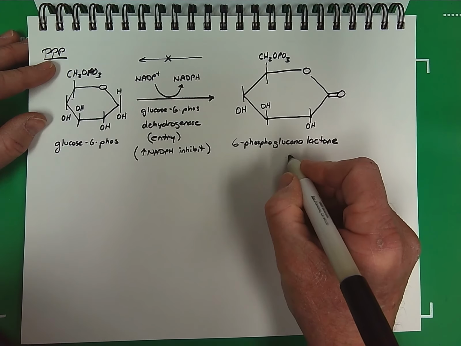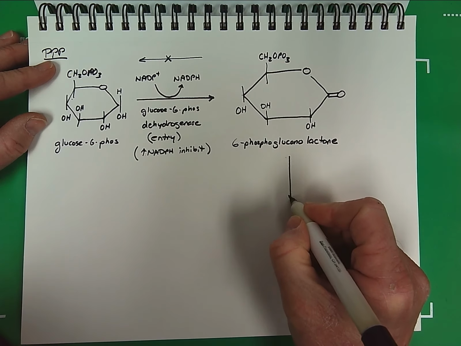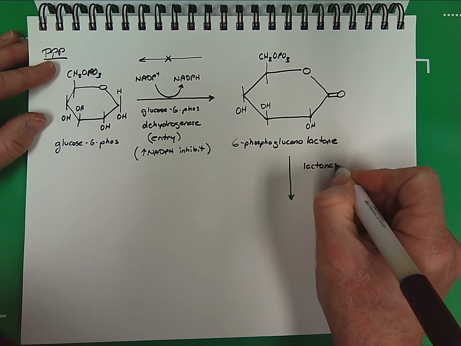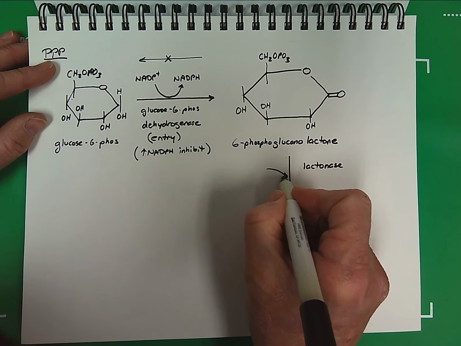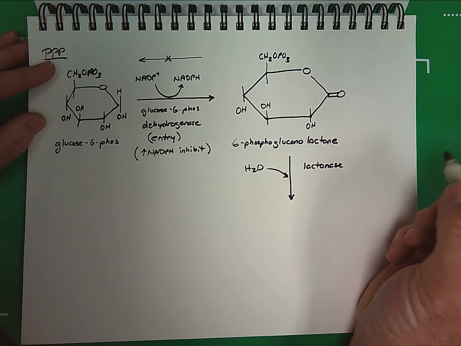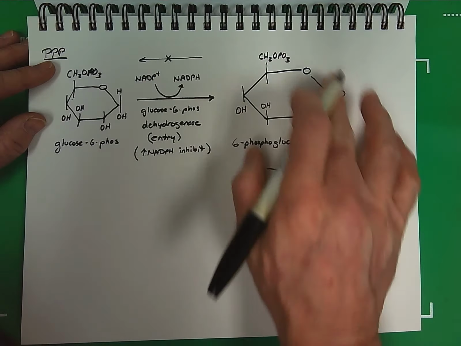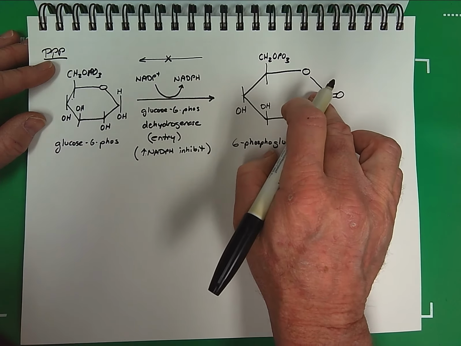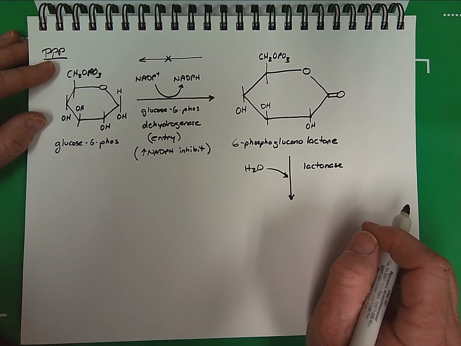So the next step of this reaction is a simple one. This enzyme is called lactonase, and this is simply a hydration reaction. We're going to be opening up the 6-membered ring structure, and we're going to add water across the number 1 carbon to form an acid.